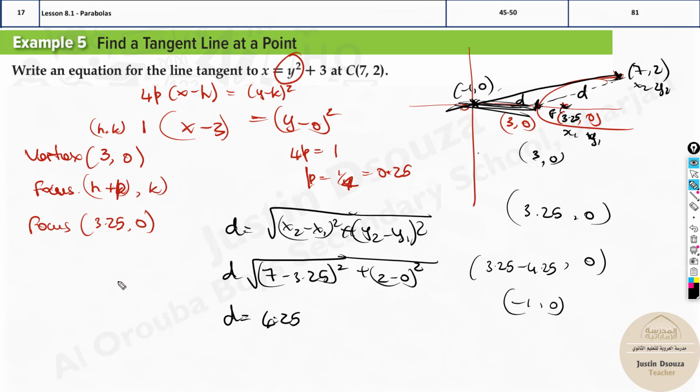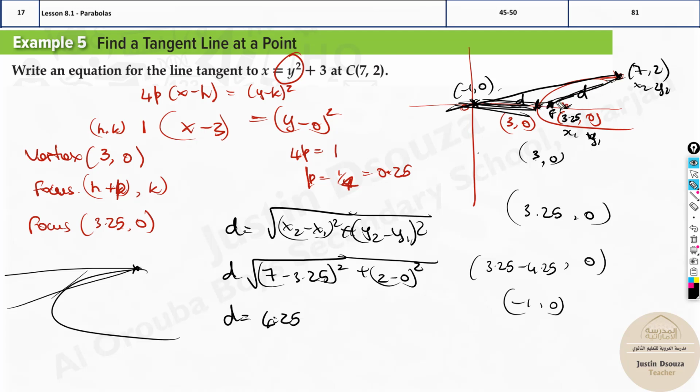Before we continue, I hope you know what exactly a tangent line is. It touches only one point and it goes on. So if I have a tangent, it goes somewhere like this. One point will touch, and that point we know. It's very hard to find another point on the tangent, but since it's related to the focus, which is not the vertex, it should be over here. This is the focus, right?